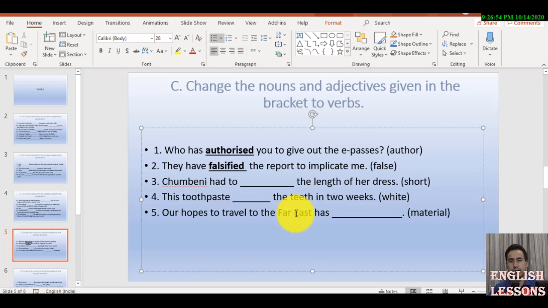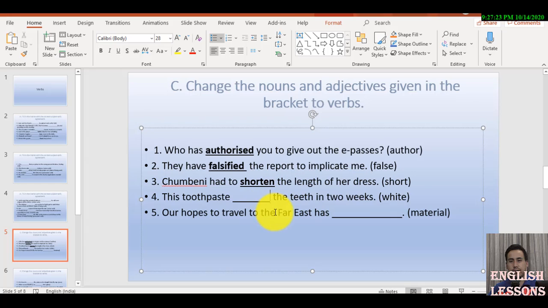That is the correct answer. And let's look at the third one. Jumani had to dash the length of her dress. So here the correct verb will be shorten. Jumani had to shorten the length of her dress.